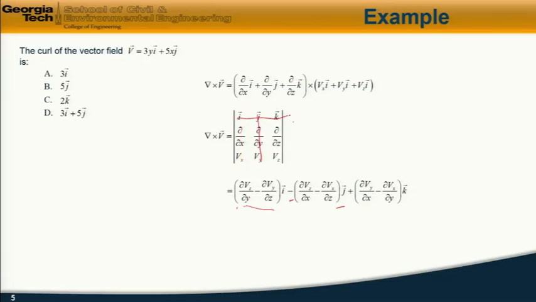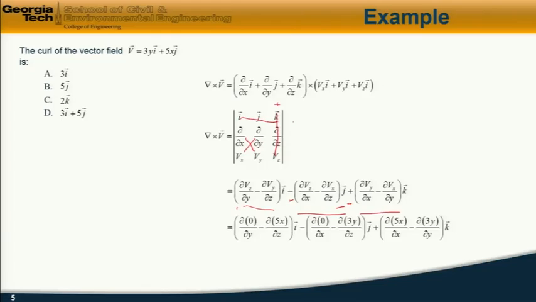And again, cross out the row and column containing j. So we have dvz by dx minus dvx by dz is this term. And finally, the k component term, cross those two out, is going to be positive k multiplied by dvy by dx minus dvx by dy, the last term.